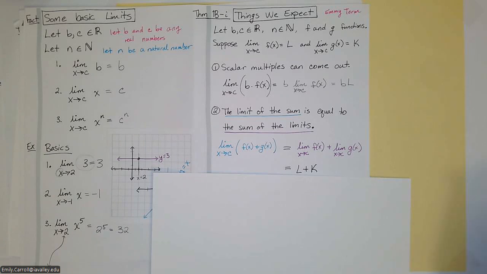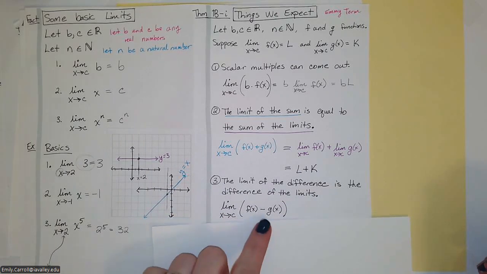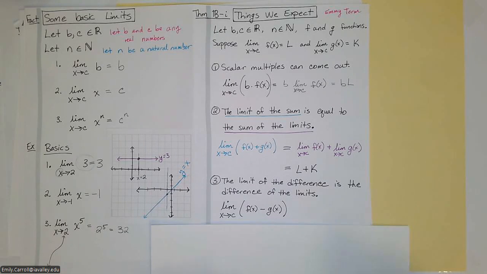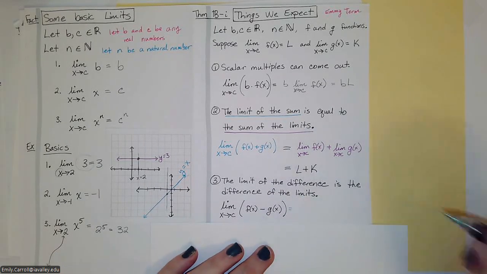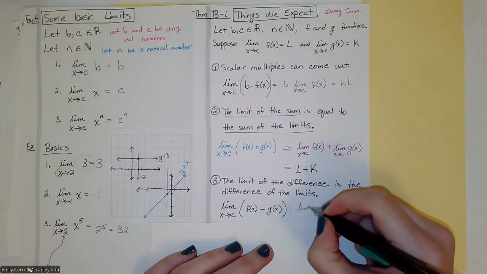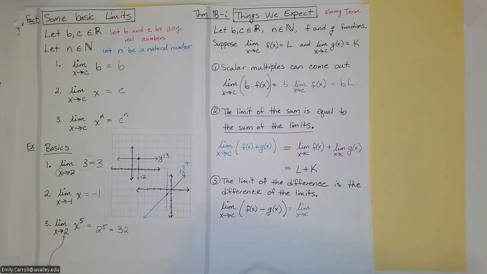If I combine those two facts together, then I get something for subtraction as well, right? If I change that to a minus, what I'm really doing is saying, okay, I have a scalar. I've got enough space.